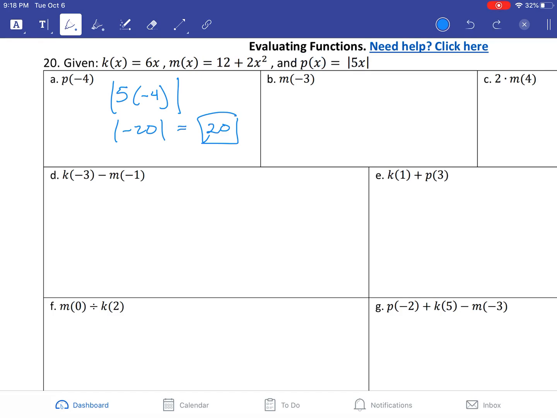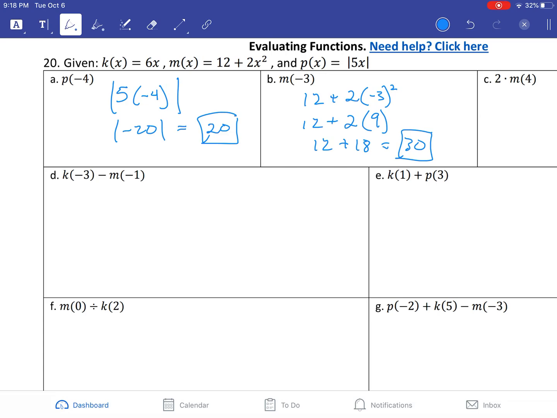Okay? m of -3. So you're putting -3 in for the x value of the function m of x. So you have 12 plus 2 times -3 squared. After this, it really kind of just turns into a calculator problem, but we'll go through the steps just to make sure. -3 squared is going to be positive 9 times 2 plus 12. 2 times 9 is 18 plus 12, which gives you 30.